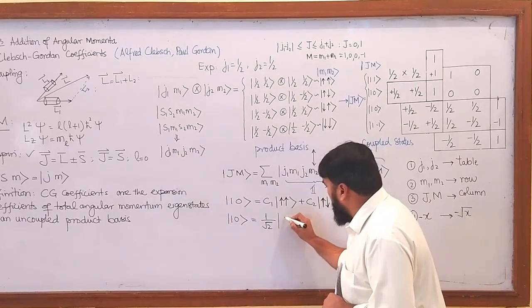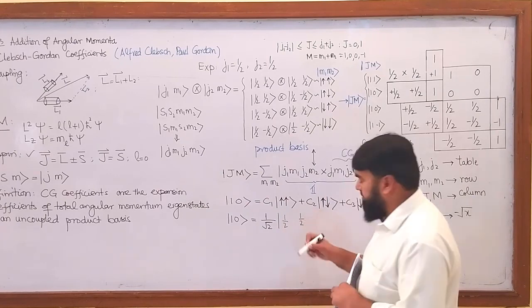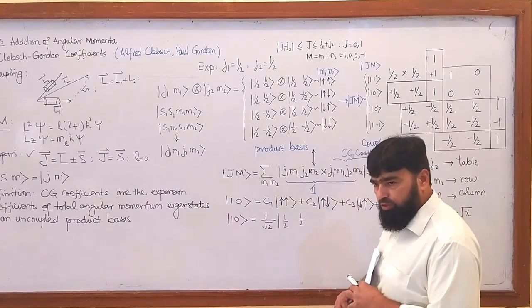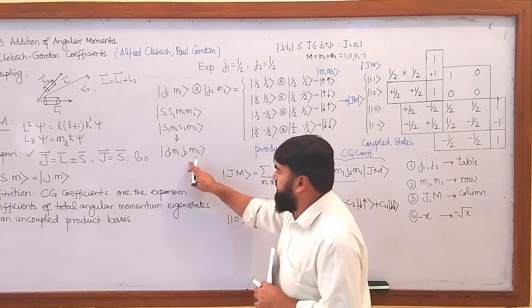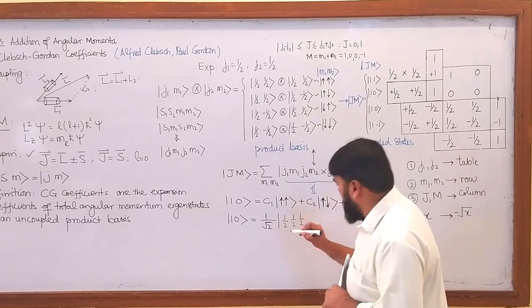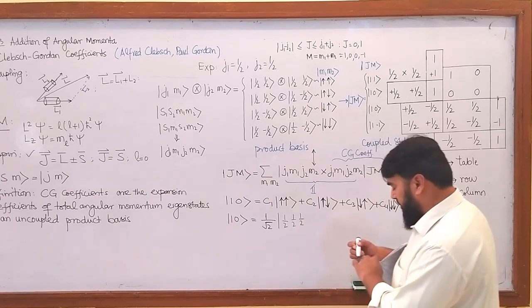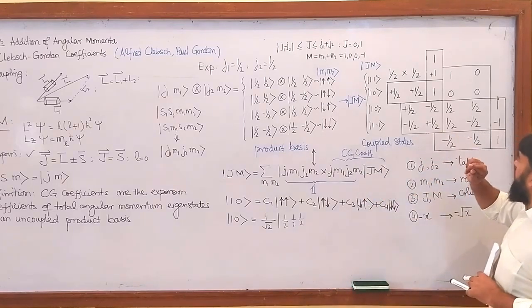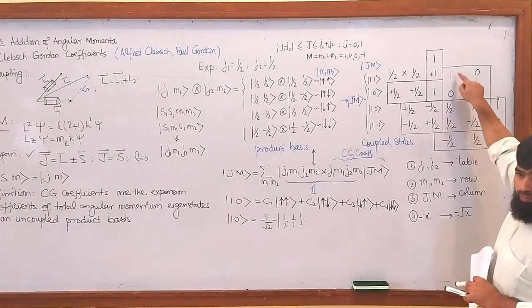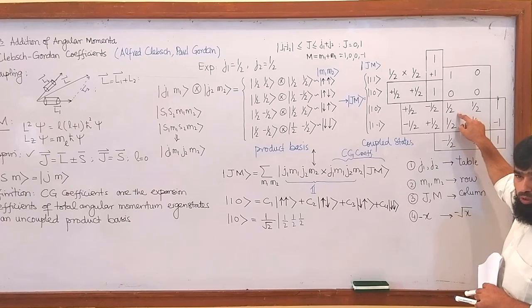J1 is 1/2 and J2 is 1/2 from this representation, while M1 is 1/2. Look here: for the 1, 0 column, the value is 1 over 2 under a square root. Clear?